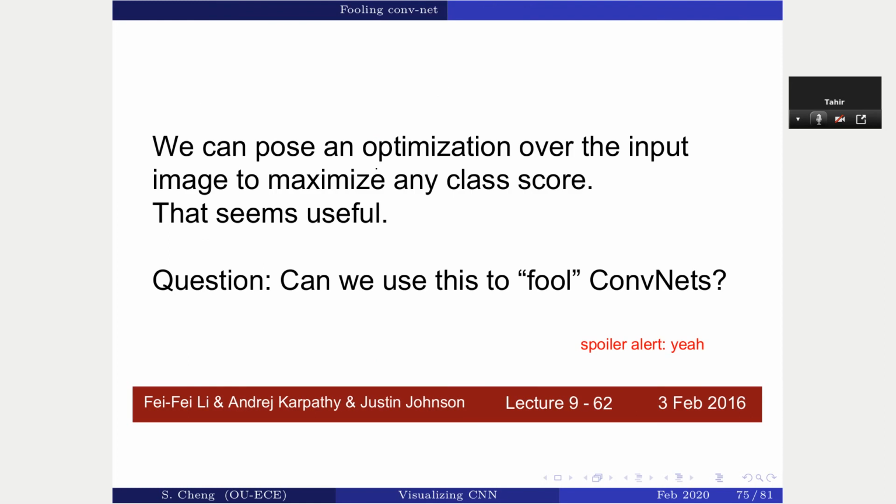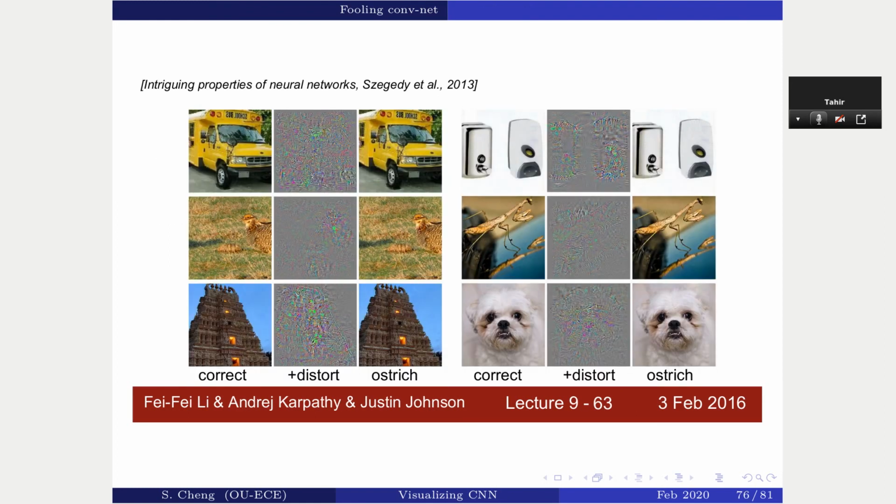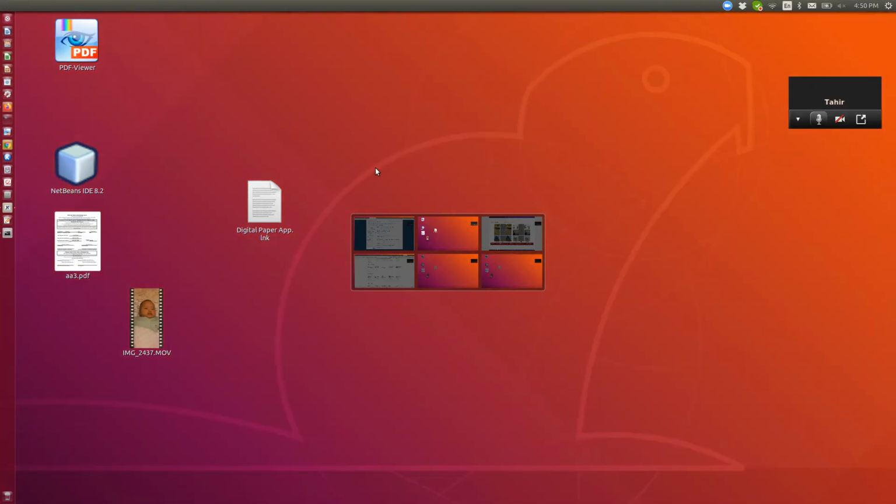So one final thing I'd like to mention, which probably is not very surprising, is that it's quite easy to fool a neural network. It actually created a whole research area around adversarial attacks. What do they call this?